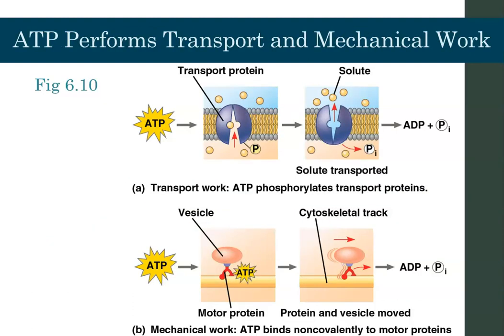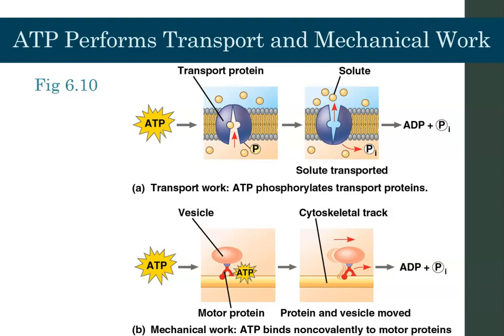So ATP can also power transport and mechanical work in the cell. The top example here is actually another example of a phosphorylated intermediate, and it shows how transport proteins work. So this diagram probably looks familiar. We saw this in chapter 5, where we were moving molecules against their concentration gradient. And in chapter 5, we just said that energy is required.